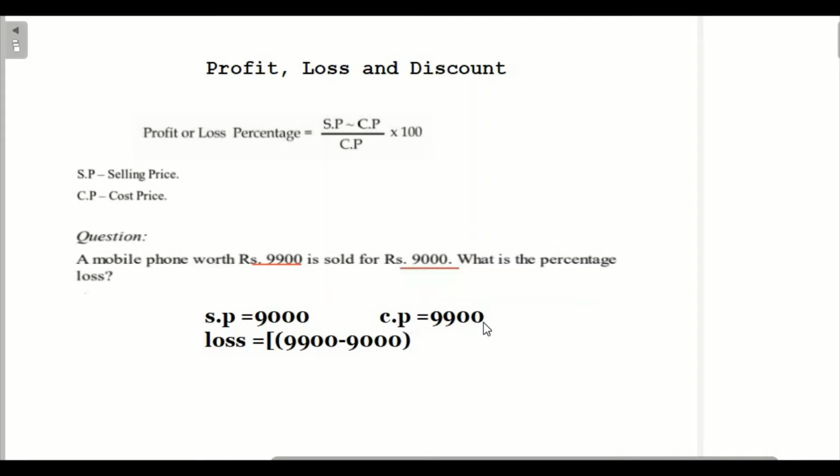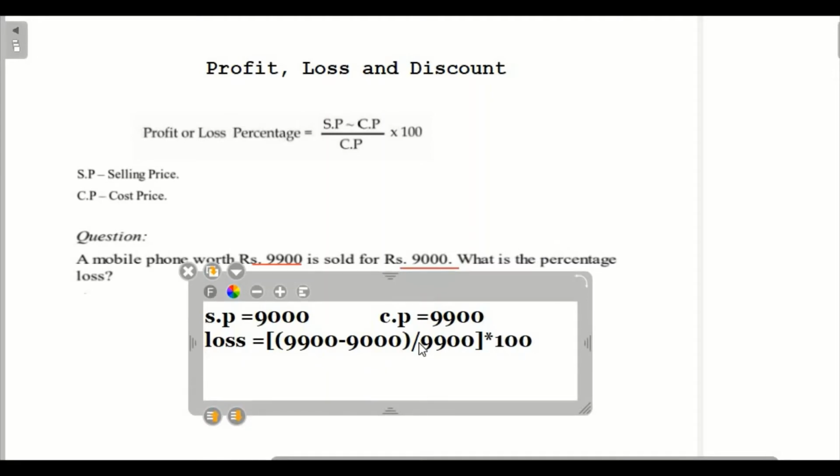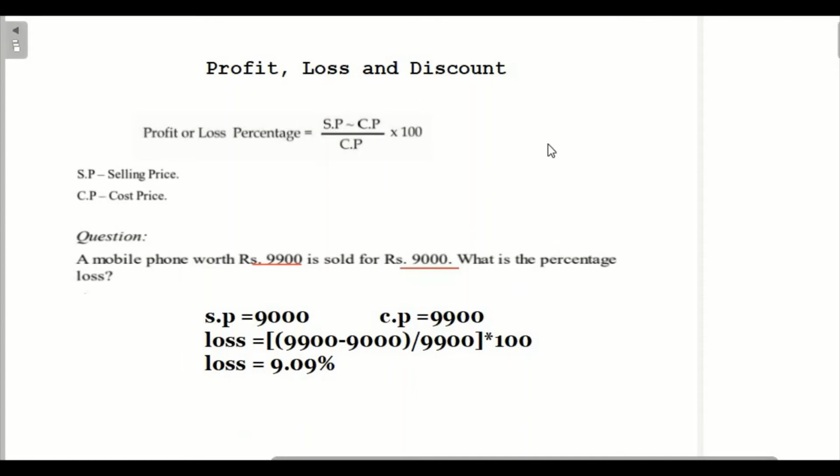So we have to calculate the percentage value, so we have to divide it by the whole value, 9,900. For calculating the percentage we have to multiply it by 100. So our loss equal to 9.09%.